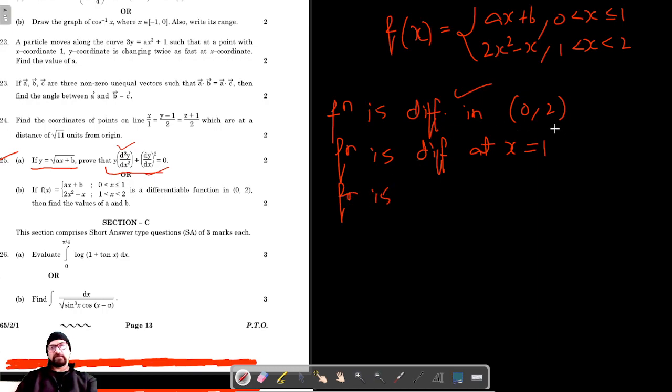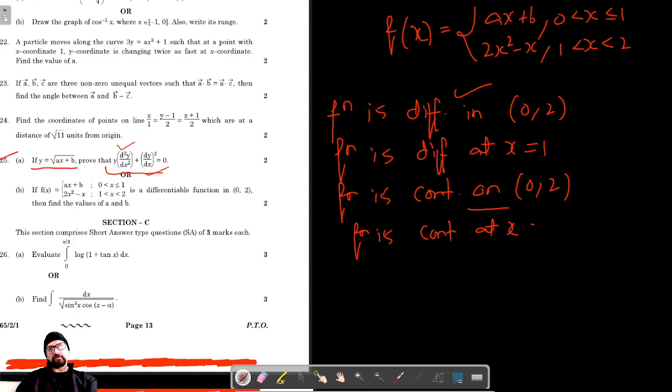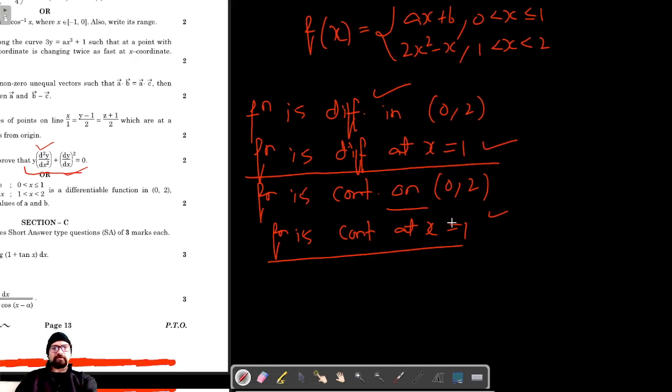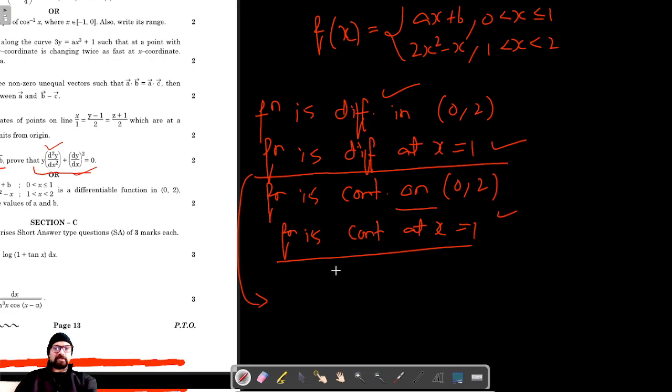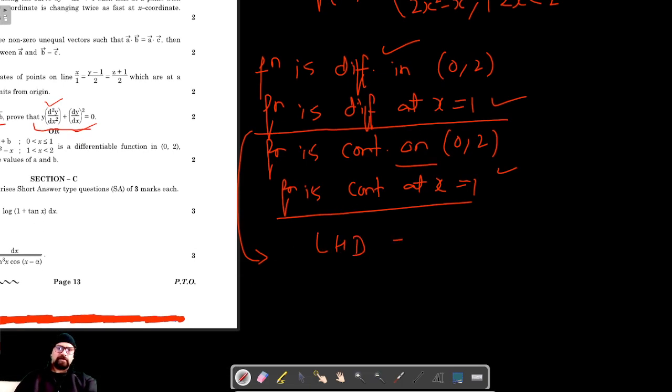And as the function is differentiable in 0 to 2, the function is continuous on 0 to 2, which means the function is continuous at x is equal to 1. So let's try to use these two conditions. When the function is differentiable at x is equal to 1, the left hand derivative is equal to the right hand derivative at x is equal to 1.